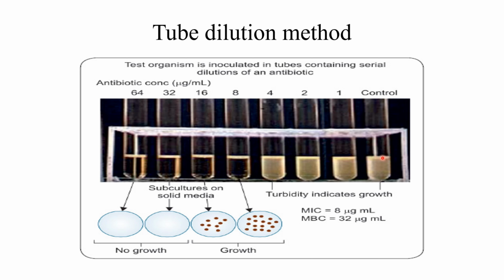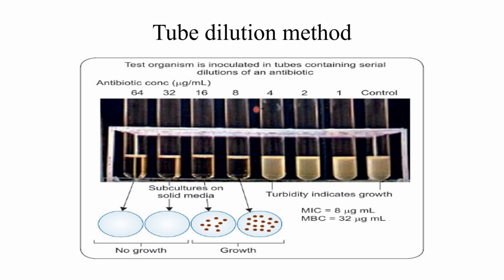To this broth, we add different concentrations of antibiotic in serial dilution. Here you can see the concentration of antibiotic is 64, 32, 16, 8, 4, 2, 1, like that. At last, this is the control. Like that, we are serially diluting the medium with antibiotics.